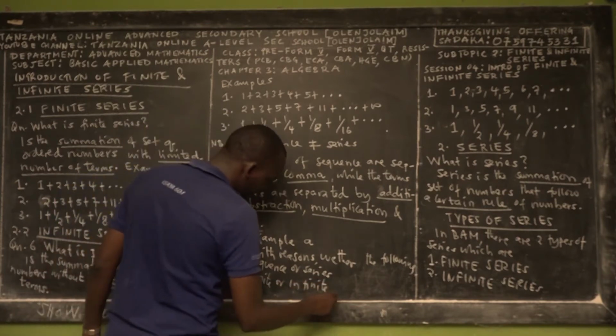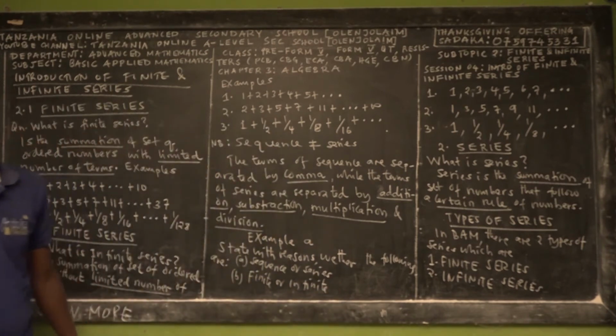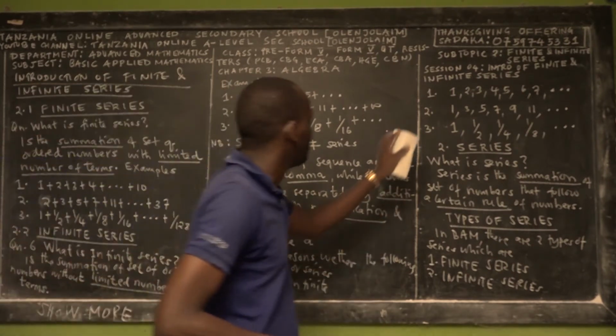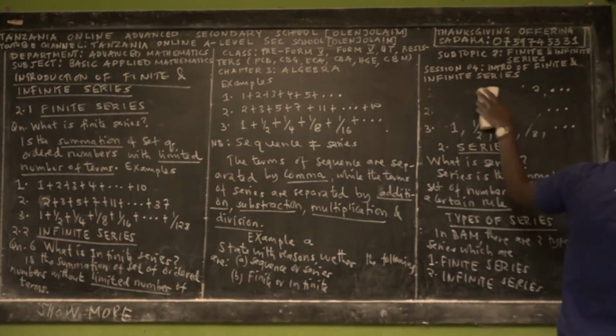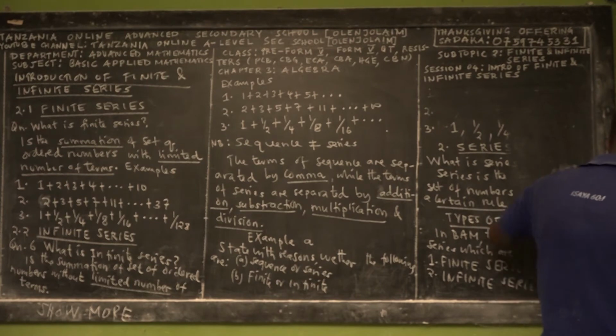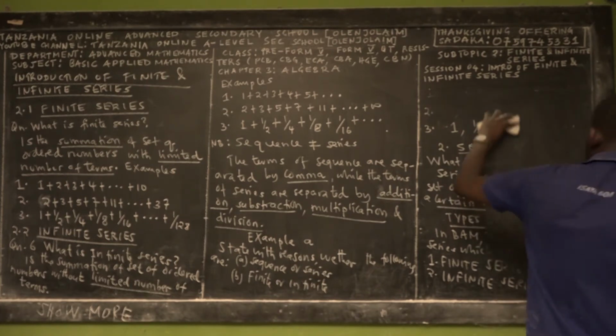Refer to the book Best Applied Mathematics for Advanced Level Secondary School Students, for Forms 5 and 6.